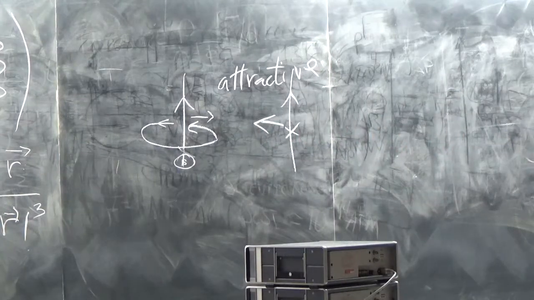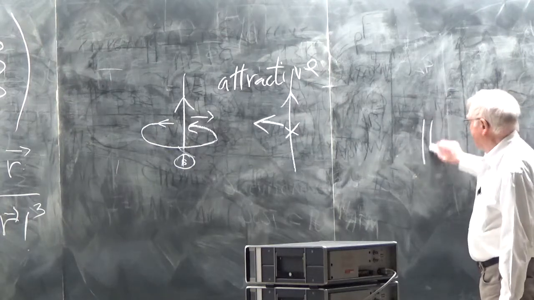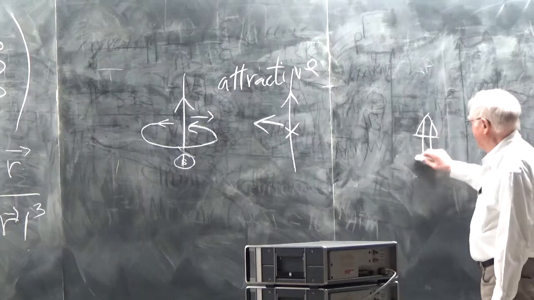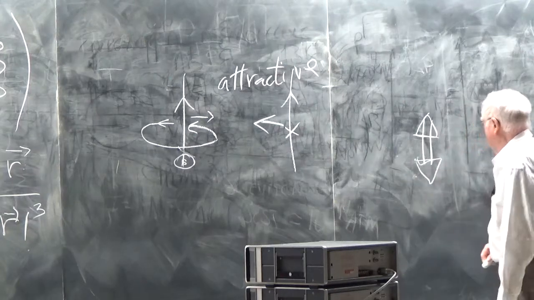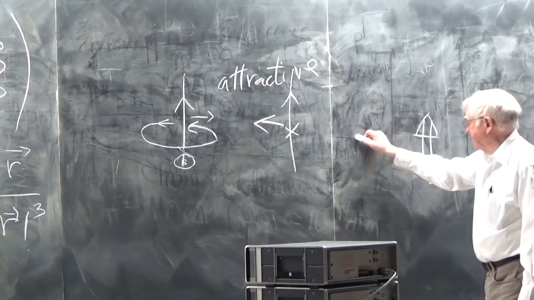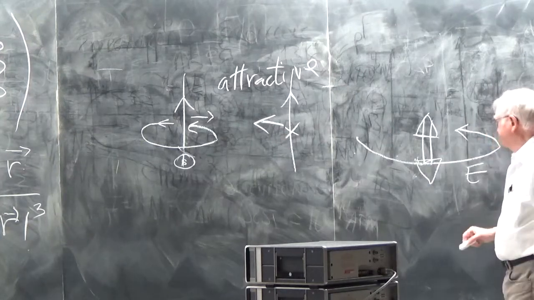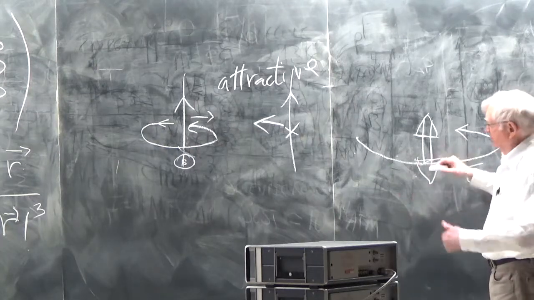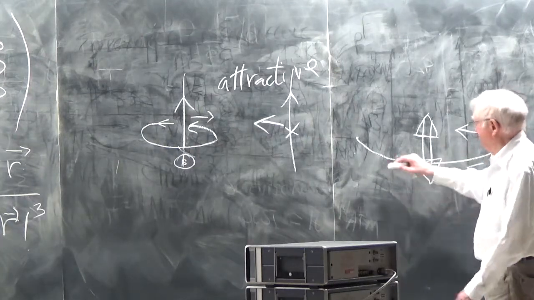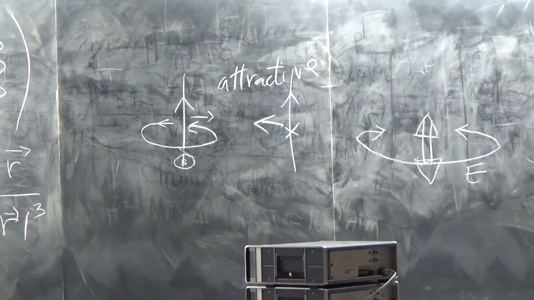And there are other things that happen, namely if you have a magnetic field that's going up and down, then it creates an electric field going around it. And of course the electric field will go up and down or down and up depending on a sign that I've forgotten, but I can look up.